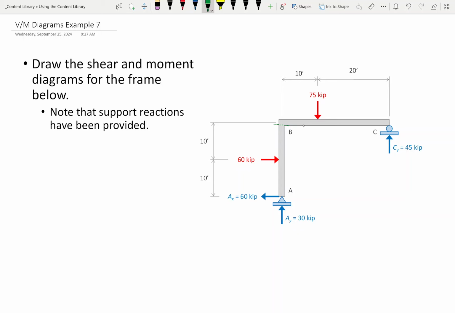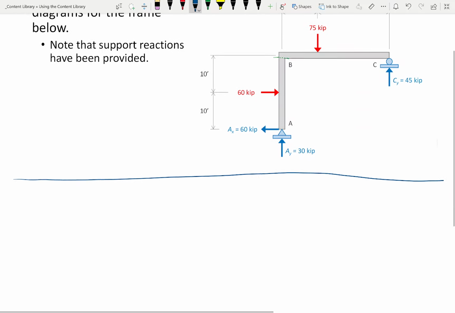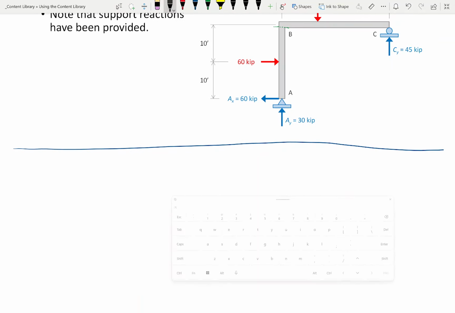All right. So let's look at member AB. Okay, so member AB is going to be like this.